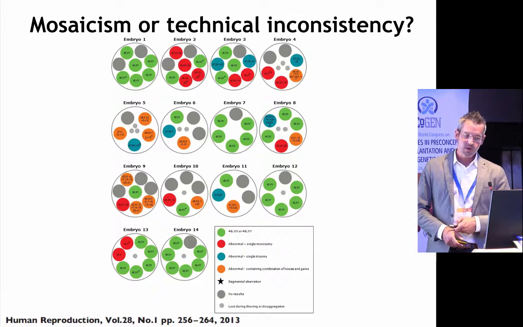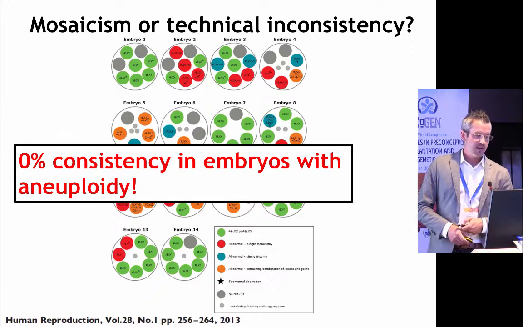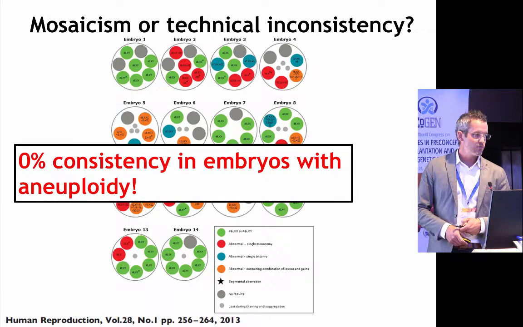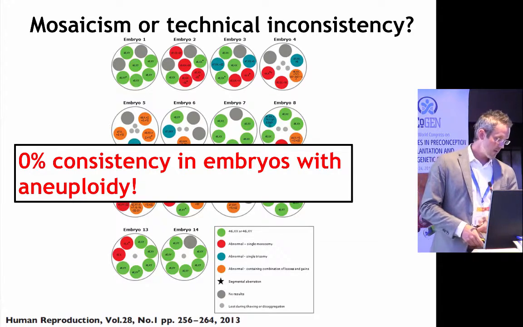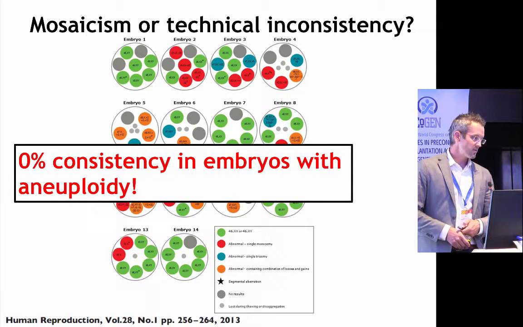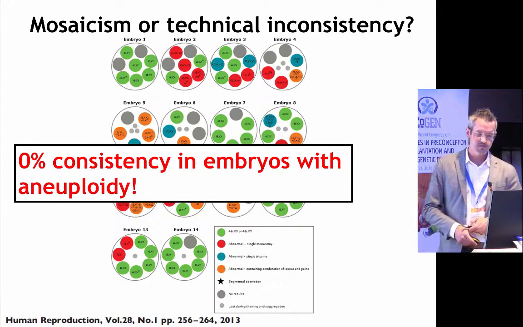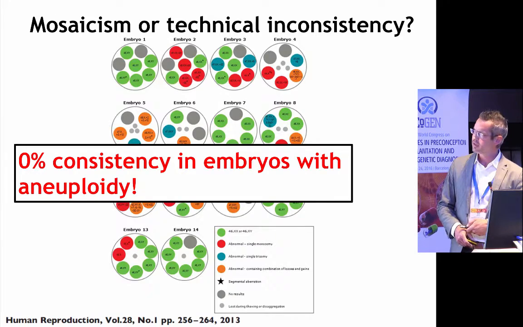And this is an example where actually none of the embryos had consistent aneuploidy in all of the cells evaluated, which really goes against what we know about the origin of aneuploidy being primarily meiotic, in that we should see the same abnormality in all the cells, at least in a few of these embryos, which we didn't. And so it really questions the validity of the technology used.